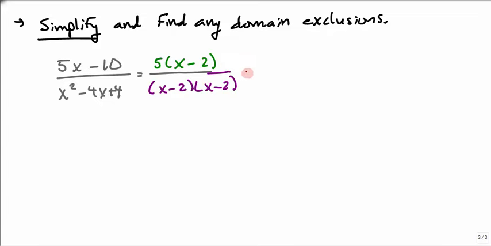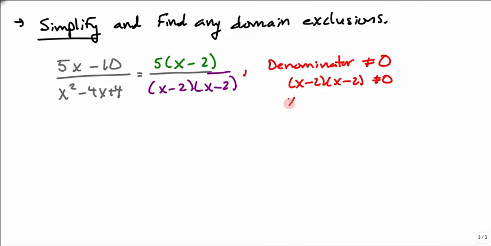Now right here is where I want to talk about my domain. The domain would be the denominator cannot equal 0. Now I want to do this before I start canceling. So I do this before canceling. So I have x minus 2 times x minus 2 cannot equal 0.